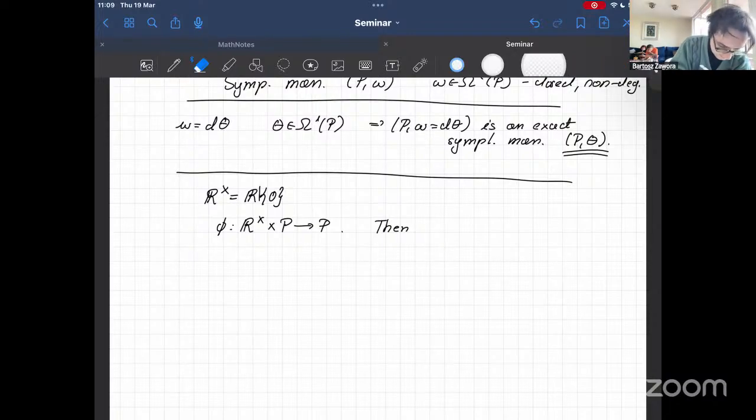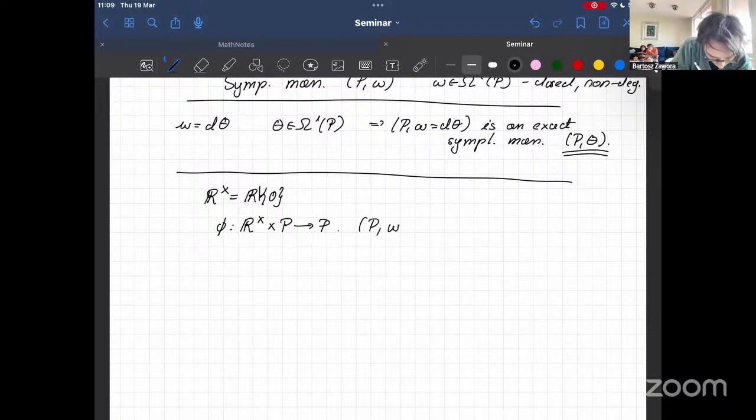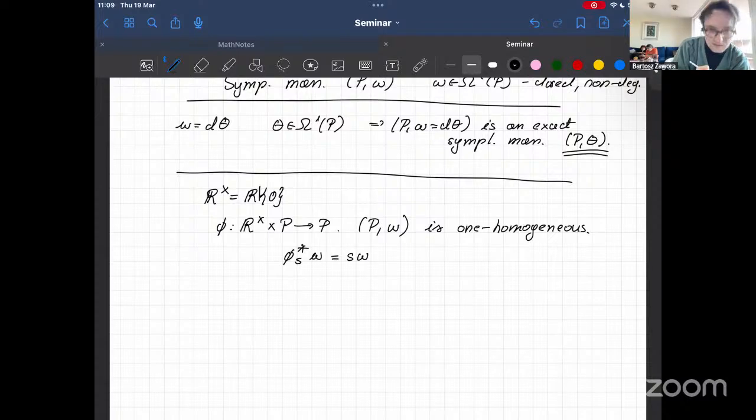If (P, ω) is a general symplectic manifold, such that ω is one-homogeneous, which means that if we take the pullback of the symplectic form with respect to this action, we get s times ω for every s an element of our Lie group R^×.